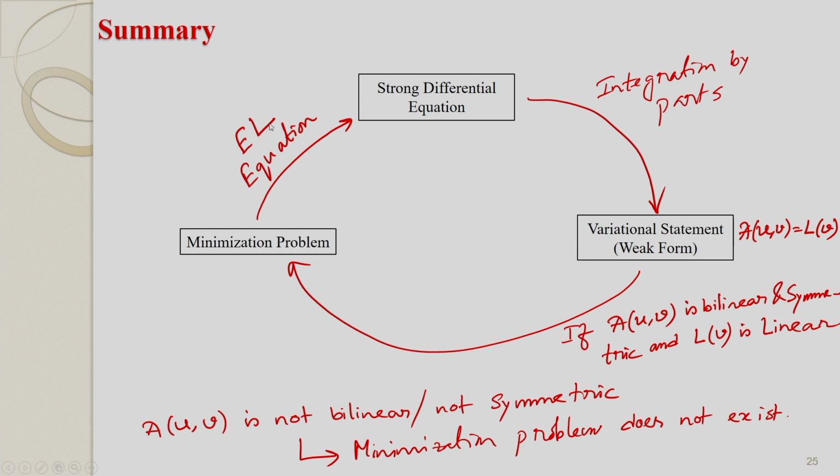Thus, in the previous example we saw how to get the differential equation from the Euler-Lagrange equation, whereas in the current example, we saw how to first get the variational statement from the same differential equation, and after that we checked this condition and found the minimization problem corresponding to that differential equation, and we reached the starting point of the previous example.